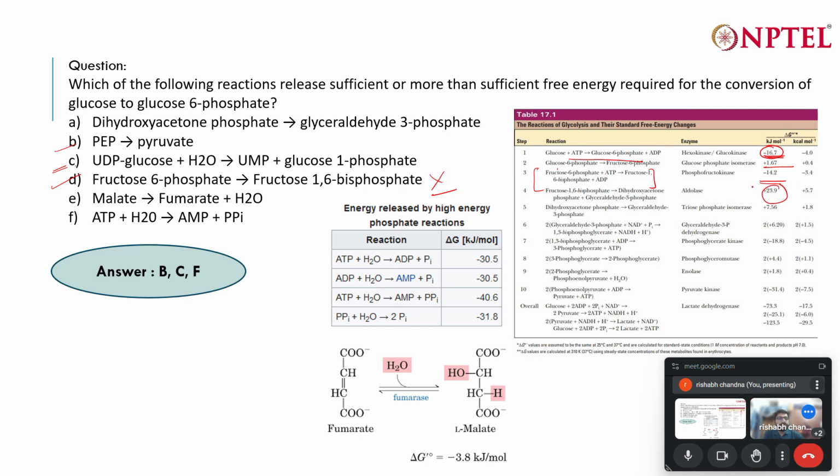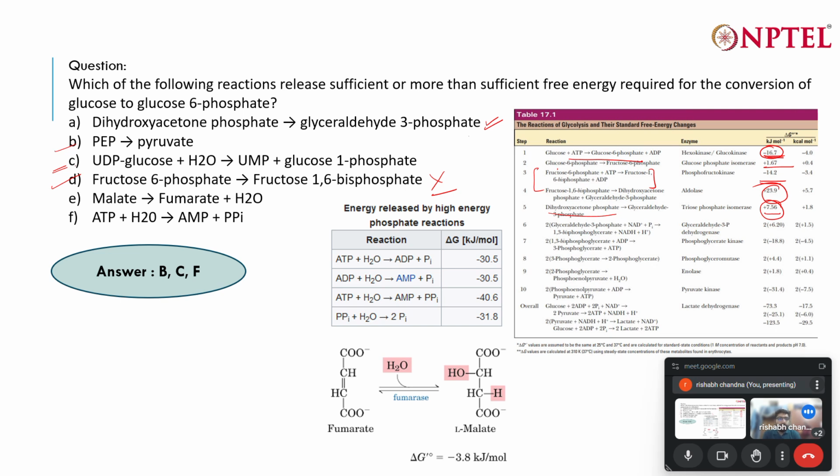This also takes plus 23.9 kilojoule per mole, and this is also not listed in the option. Then conversion of dihydroxyacetone phosphate and glyceraldehyde 3 phosphate, it is plus 7.56. So yes, this is also the correct answer.